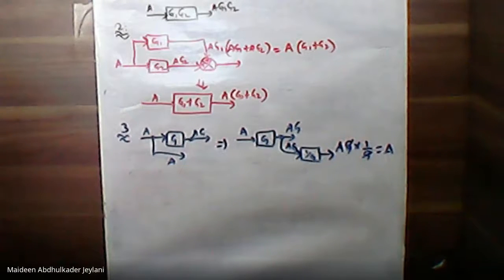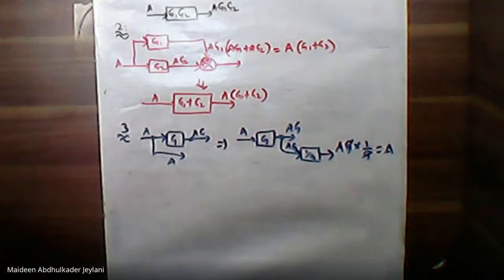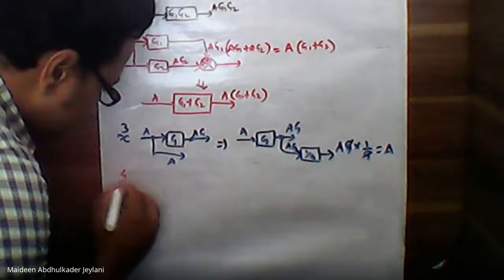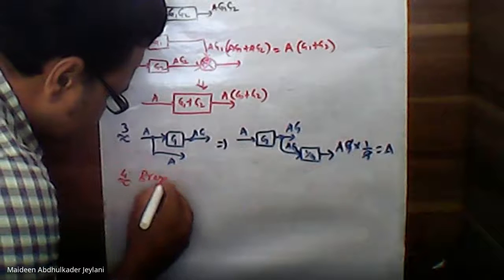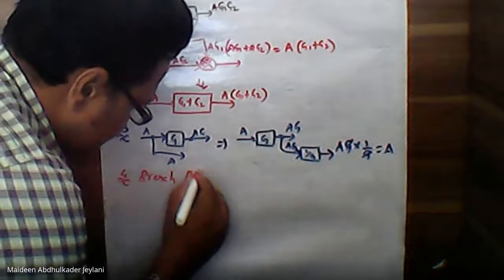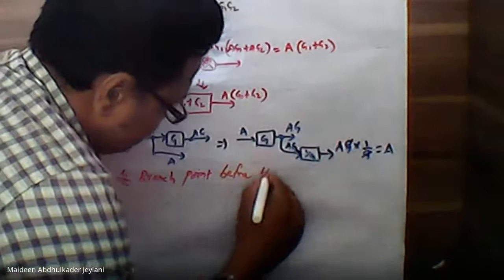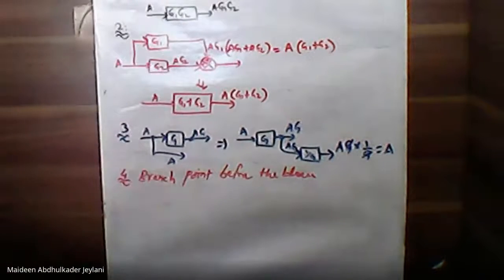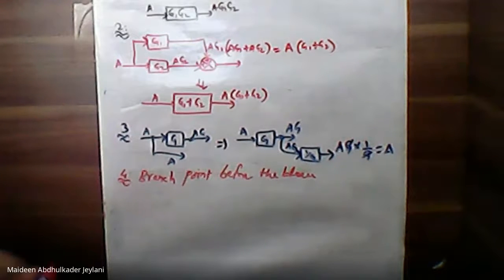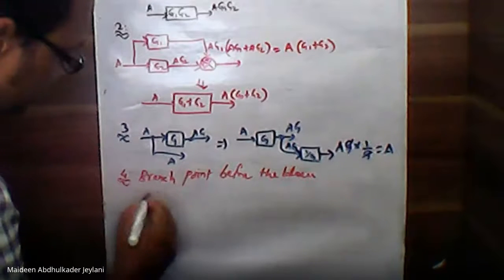And rule number 4: move the branch point before the block. Let's consider this is vice versa.